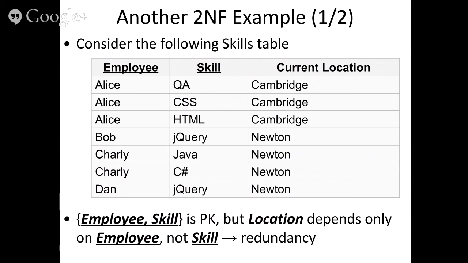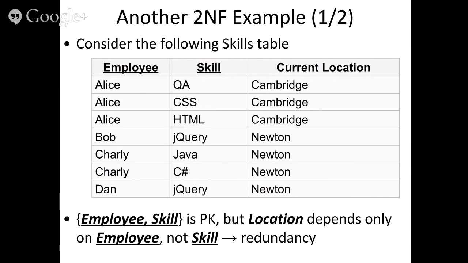Notice that right away, there's a problem here: nothing would stop me from saying that Alice with QA skill is in Cambridge, and the next record entering that Alice with CSS skills is in Newton. Nothing is stopping me from introducing that bad data. It would be inconsistent. How could Alice be in two different places at the same time? It makes no sense.